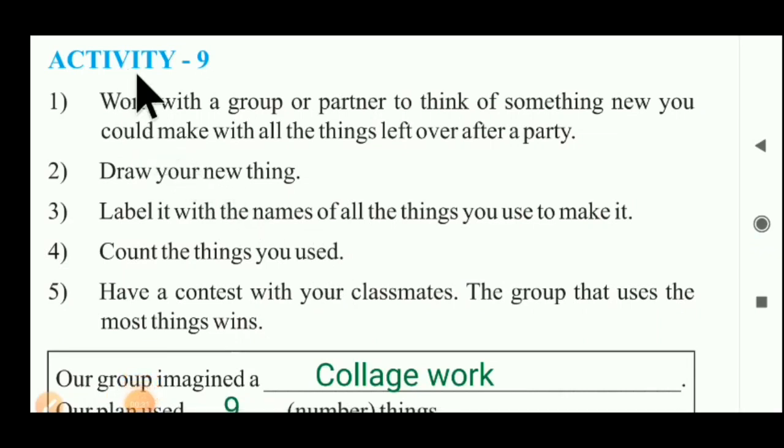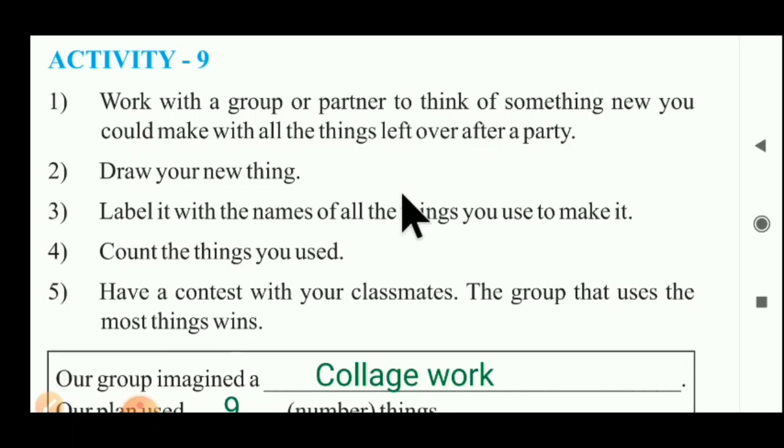Activity number 9th. What we have to do? Let's understand about it. First one, I read from here. Just keep attention here. One number. Work with a group or partner to think of something new you could make with all the things left over after a party.